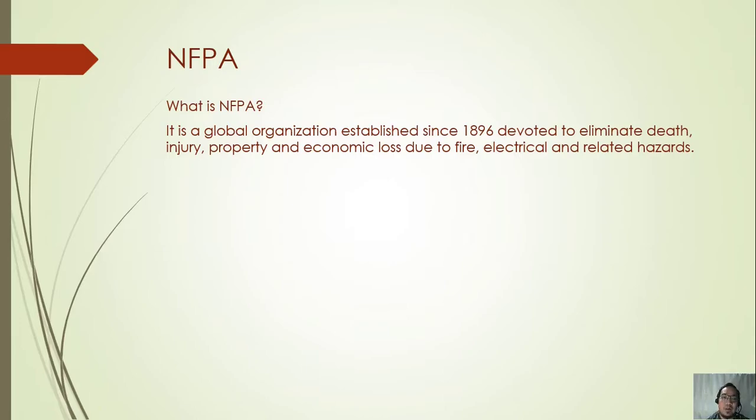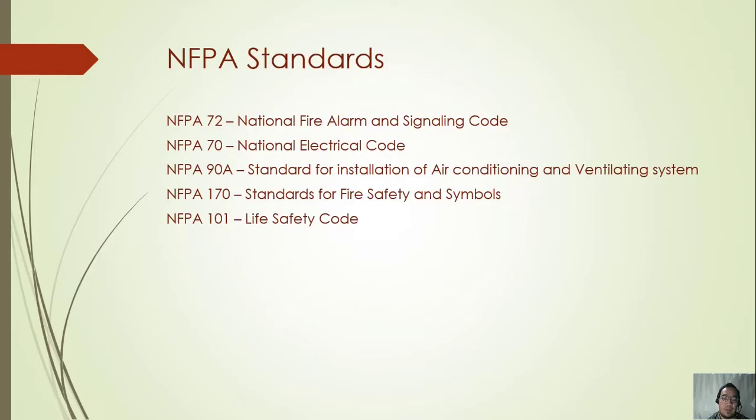So there are organizations actually, guys, who are making the standards for fire. In designing of fire detection and alarm system, these are the standards that we need to take care of.